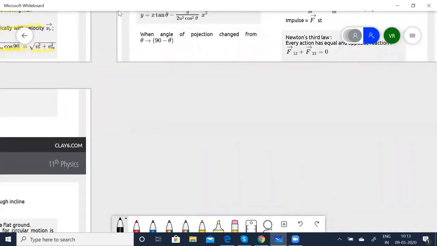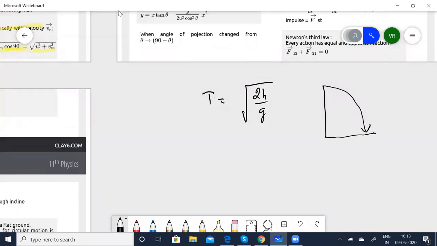You have to remember T is equal to root of 2h by g, the time taken. Suppose this is the tower from which the object is thrown like this. This is the horizontal projection. This point at the foot, let me mark this as A. This is called R, the horizontal range.